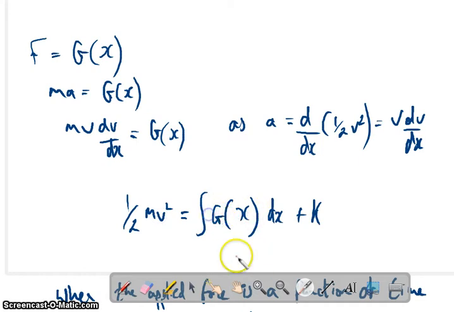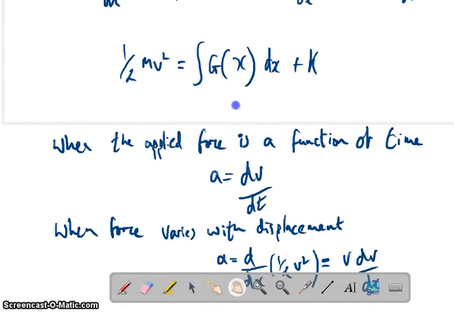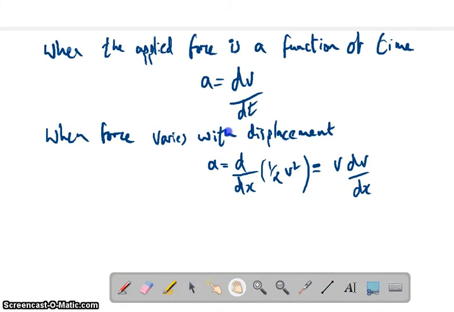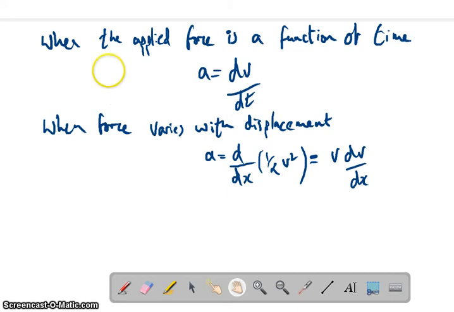But this is the proper way to do it, rather than the simplification. So that gives us two basic ideas. When the applied force is a function of time, a is equal to dv by dt. When the force varies with displacement, then we use a different expression for acceleration.